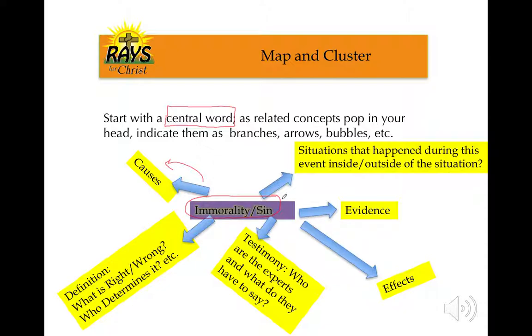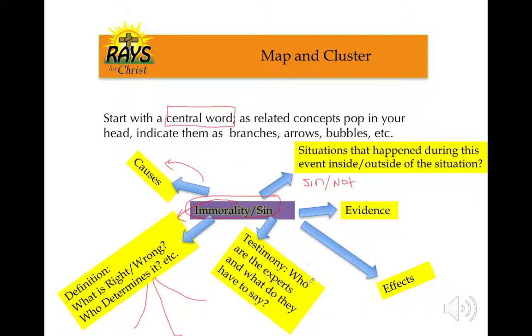What typically happens to a person when they are confronted with a moment of choice between sinning or not? Okay, well, that's going to lead me over here to, well, what is the definition of sin? What is sin exactly? What is right and wrong? And who determines it? So I would start branching all over the place with that, right?